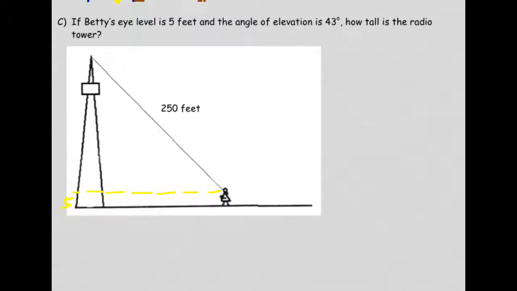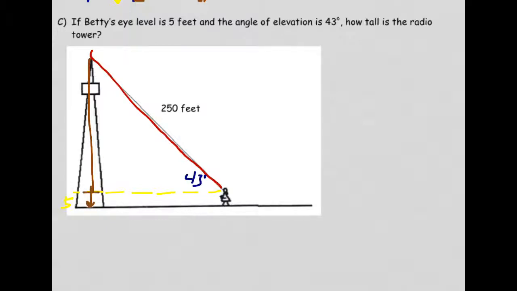Then the angle of elevation is 43, so the angle that she is looking up is 43 degrees. How tall is the tower? So what we're looking for is how tall is the tower all the way down.